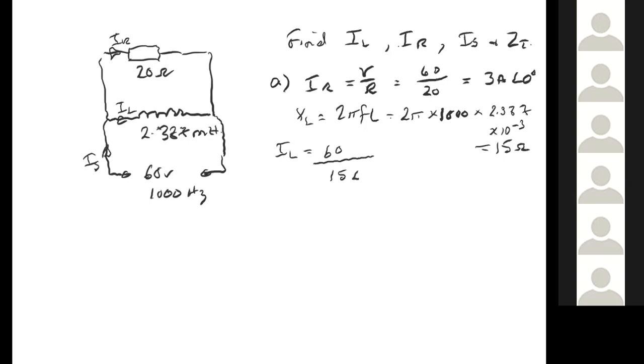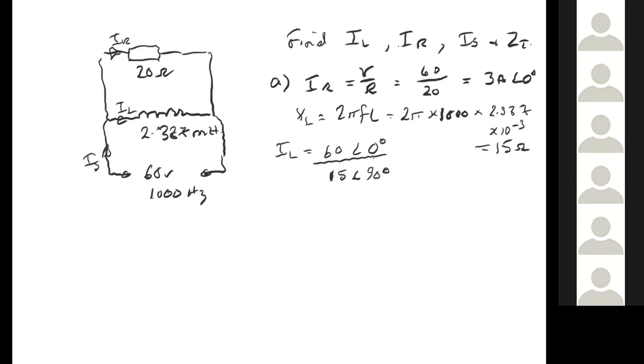The angle of that inductive reactance is what? Per inductor, 90 degrees lagging. No, the inductive reactance is a positive 90-degree angle. So then the current will come out lagging because we've got 0 for the voltage.